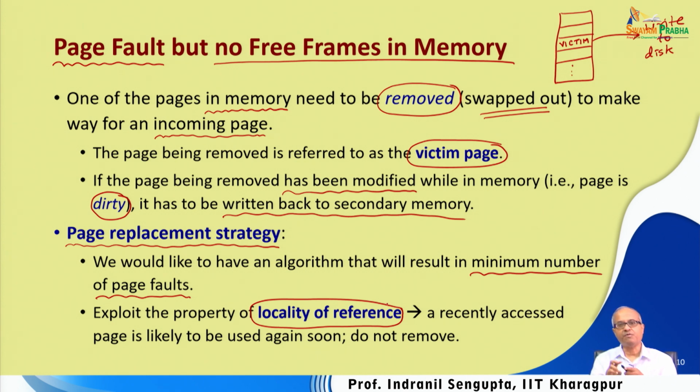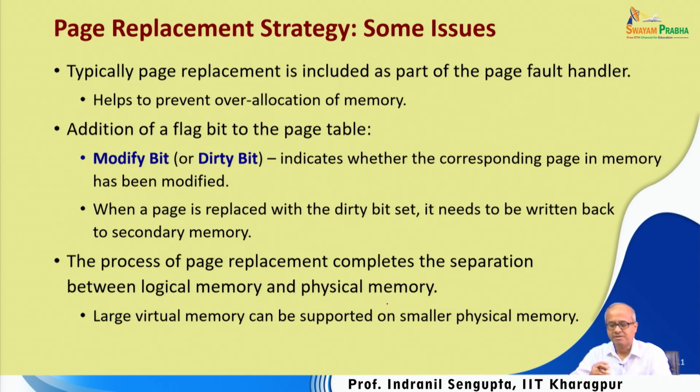So, the property of locality of reference you are trying to exploit in trying to select the victim page. So, you will not select one page as the victim which is being accessed very recently, that will be a bad strategy. Okay.